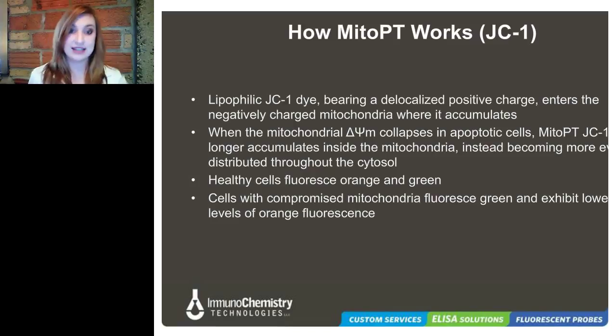Here it aggregates and then fluoresces orange or red. And as the mitochondrial membrane potential collapses, MitoOPT JC-1 is diffused throughout the cell. And once dispersed, the reagent assumes a monomeric form and then fluoresces green. So this change in fluorescence can be read with a fluorescence plate reader, flow cytometer, or a fluorescence microscope. MitoOPT JC-1 excites at 488 and emits at 590.